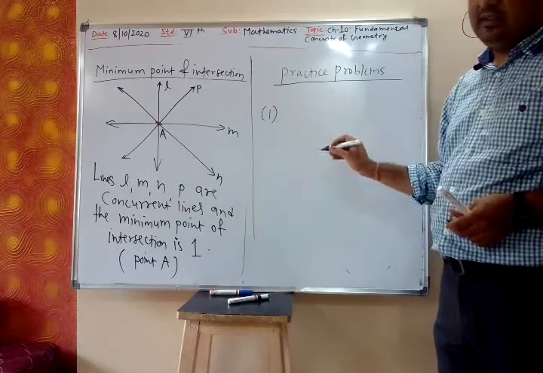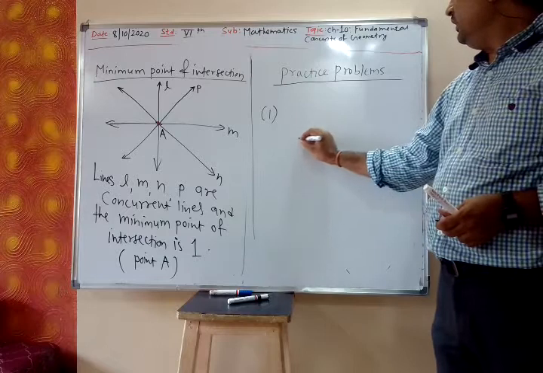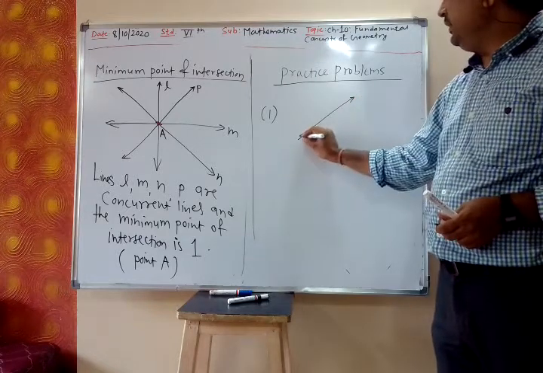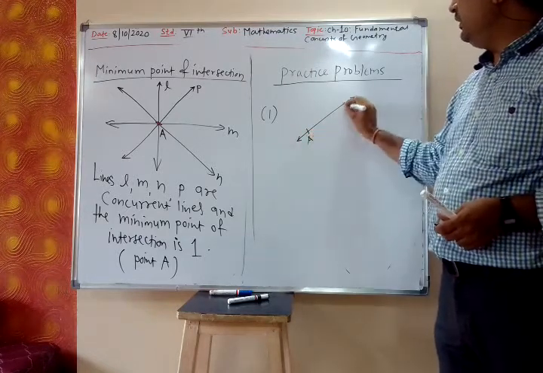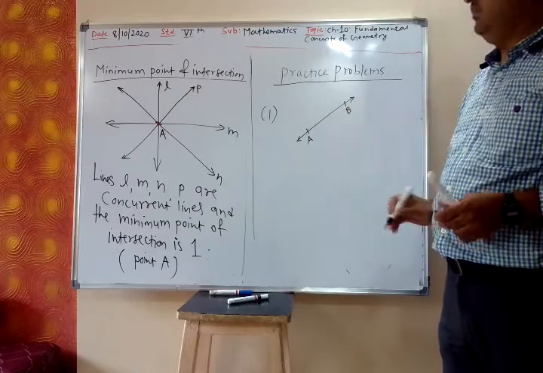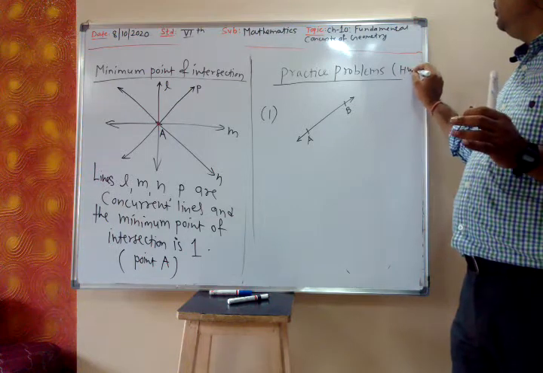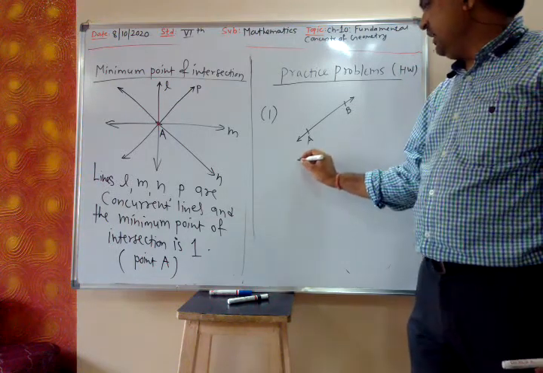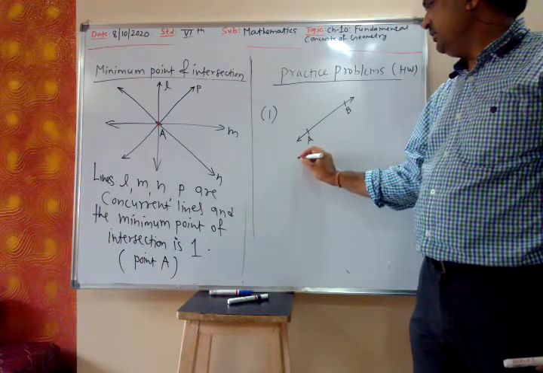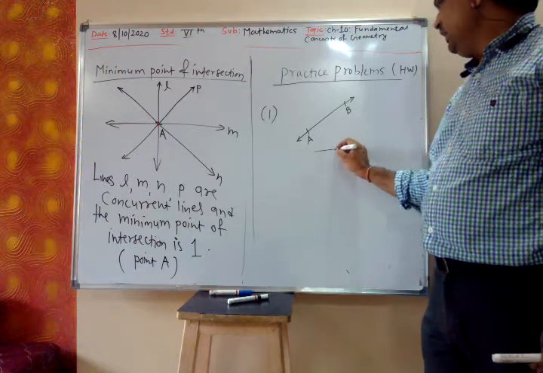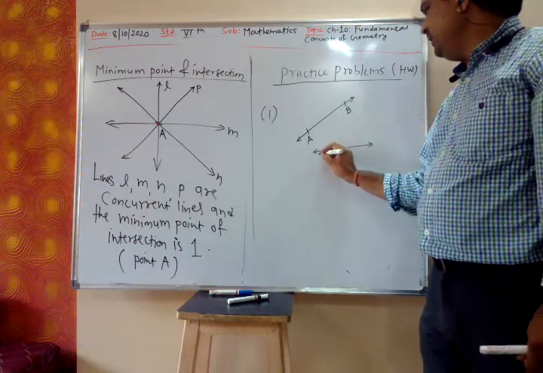We are given the line AB. Line AB, and we are given line PQ.